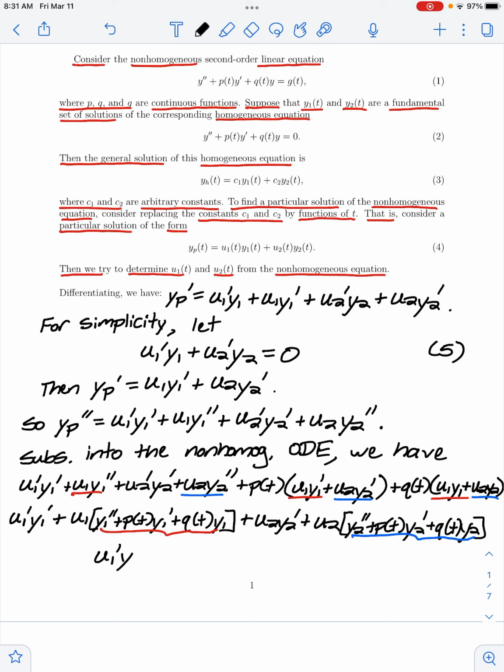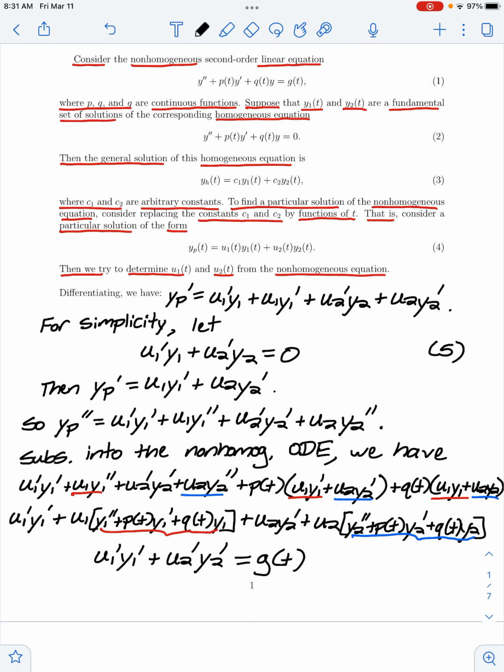u1 prime y1 prime plus u2 prime y2 prime. And this has to equal g of t, or we want it to equal g of t for this particular solution to be a solution of the non-homogeneous equation.